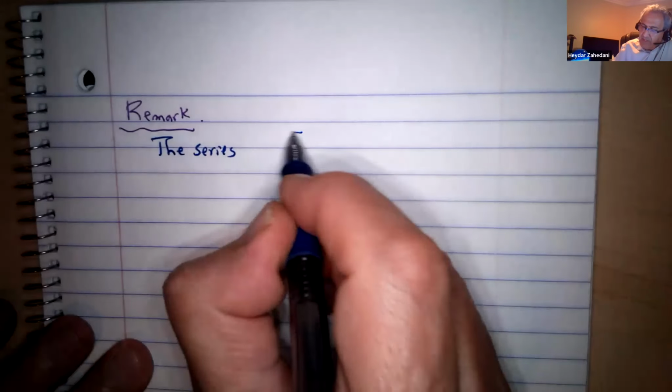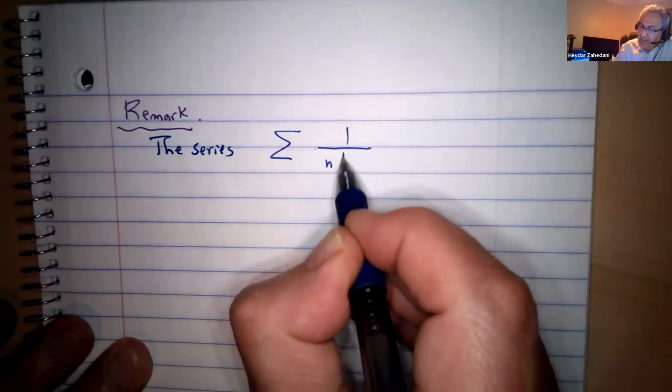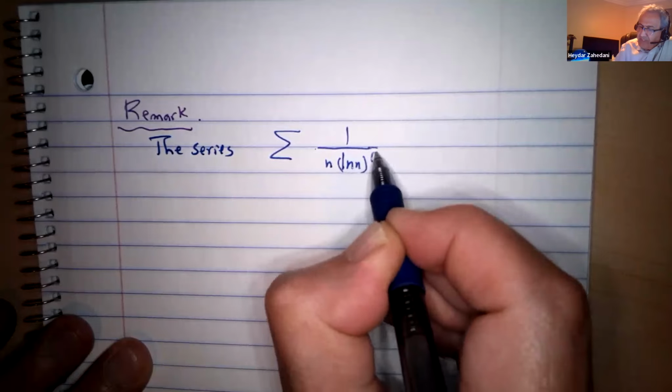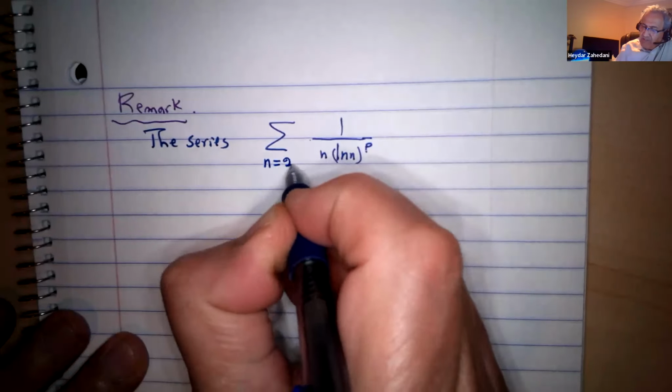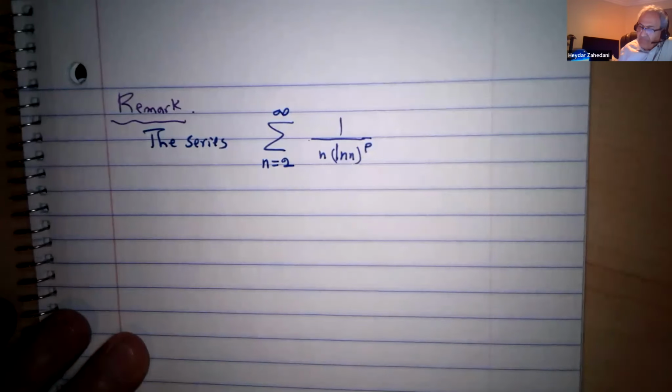The series is like a P series, but it's not. The series sigma of 1 over n times ln of n, everything to the power P, when n goes from 2 to infinity. You cannot start at 1 because ln of 1 would be 0.